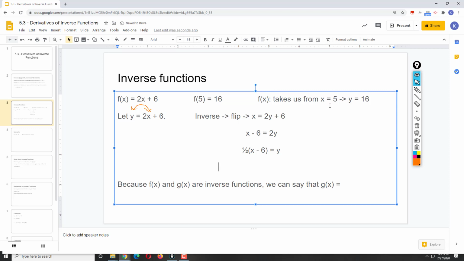So these are opposite. All I did was flip x and y, and figure out what y is.